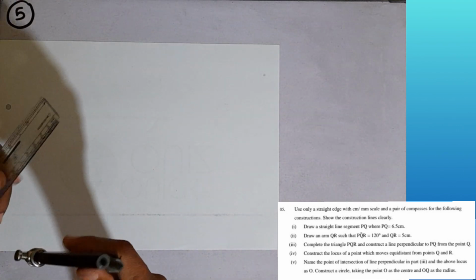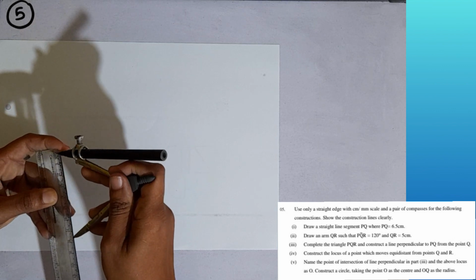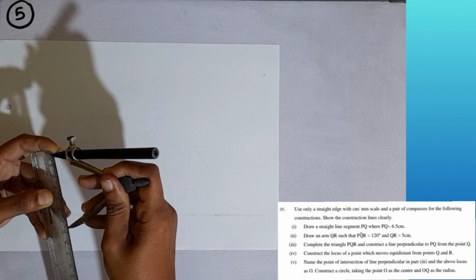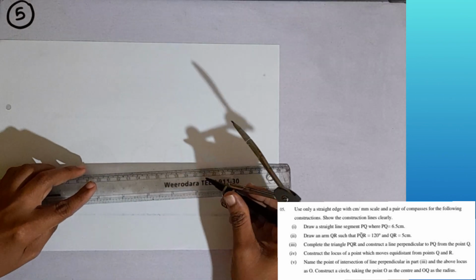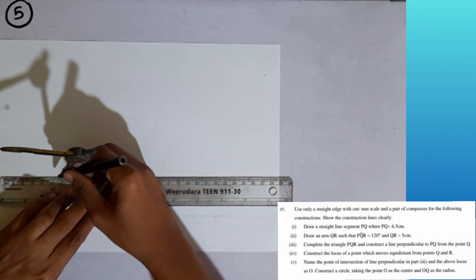We have to set the distance between the compass point and the pencil point as 6.5 centimeters. Then first we have to draw a straight line segment like this.